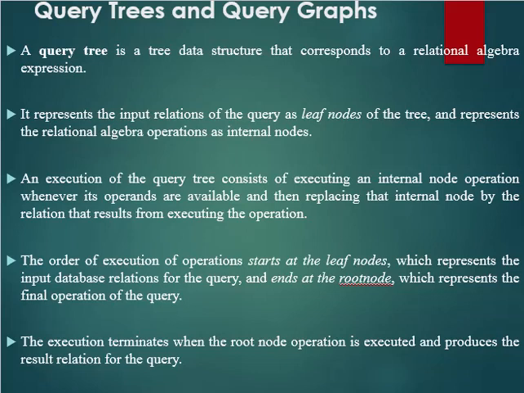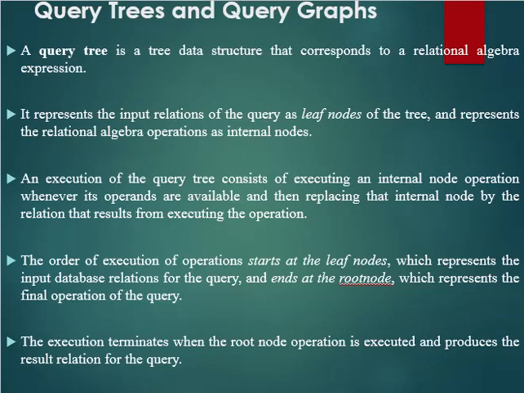The internal nodes of the query tree represent different operations of relational algebra, like select, project, and mainly join, cross product, as well as the root node. So the leaf nodes are created with the relation names, and all other nodes are relational algebra operations.